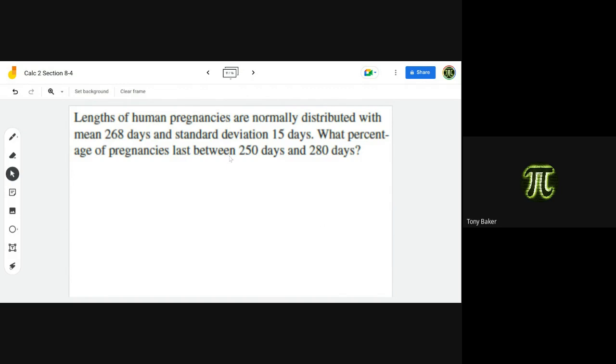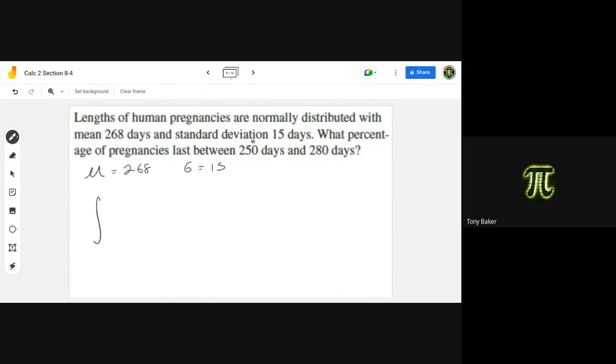You have to plug it into Desmos to use the integral. What is my mean? 268. What's my standard deviation?